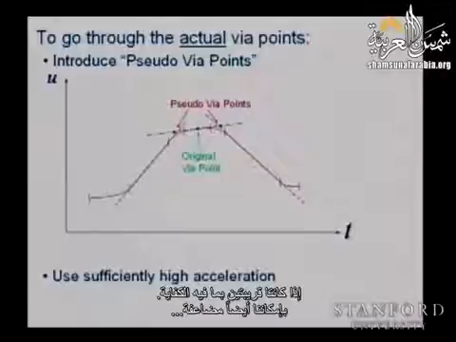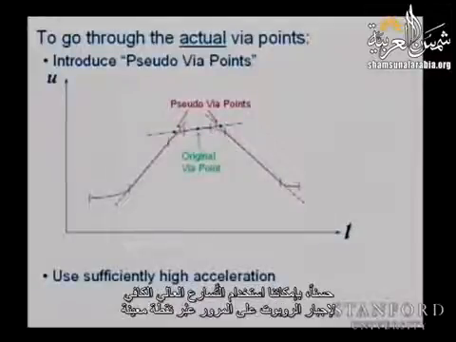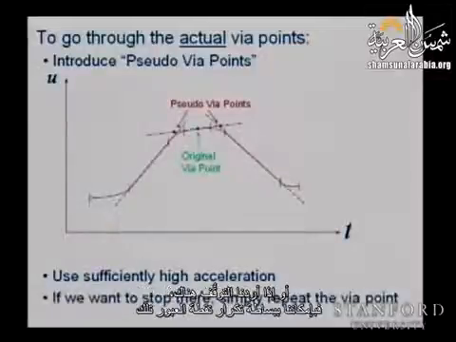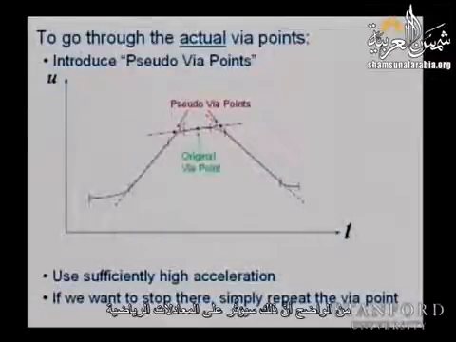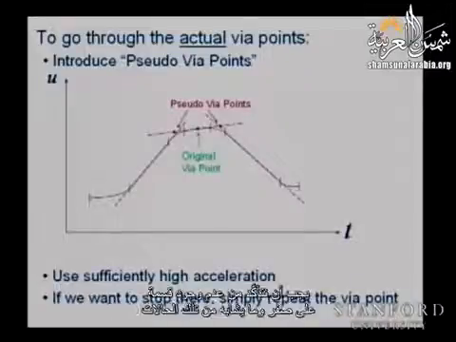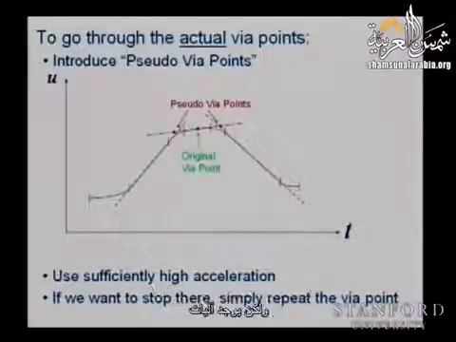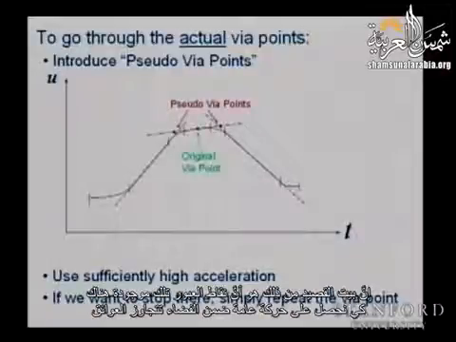We can also use a sufficiently high acceleration to force it through a particular point. Or if we want to stop there, we can simply repeat the via point, and then we'll make sure that we go through that particular point. That will obviously affect the formulas. We want to make sure that we don't have division by zeros, etc. But they are mechanisms. The bottom line is that these via points are really there so that we have a general motion around the space that is avoiding obstacles.